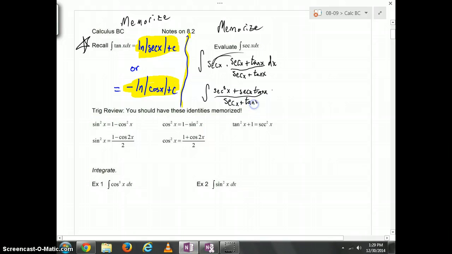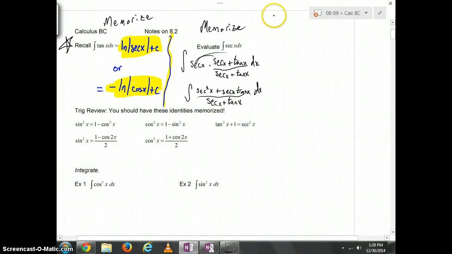Now, at first glance, this might seem like we've just made this whole process a lot more complicated and way messier. But let's try a u substitution. Let's let u be our denominator, secant of x plus tangent of x. And if we took a derivative, du would be secant of x times tangent of x plus, well, the derivative of tangent is secant squared of x.